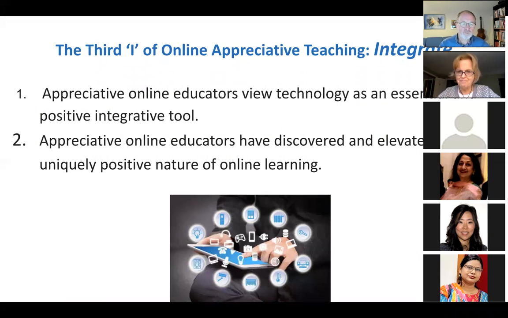Integrating technology, seeing technology as a tool. I think that when students see us embracing technology, I've had students say, "Oh God, Miss Kiley, my mom doesn't know how to do that," and I'm like, "Well, I've always loved technology, and it's a great tool."